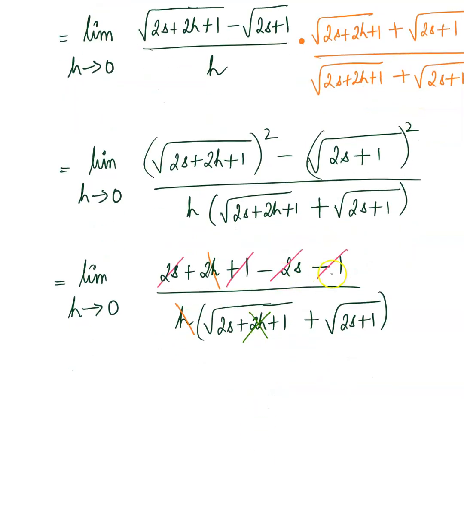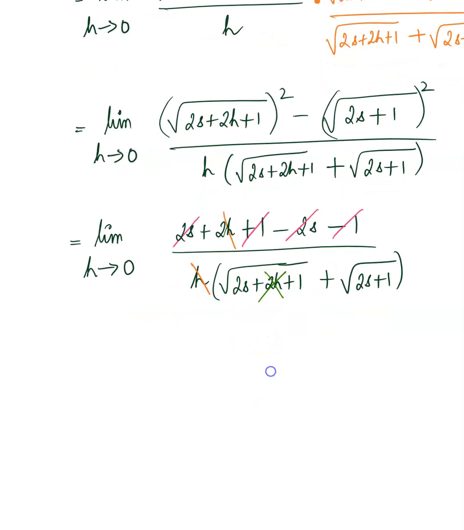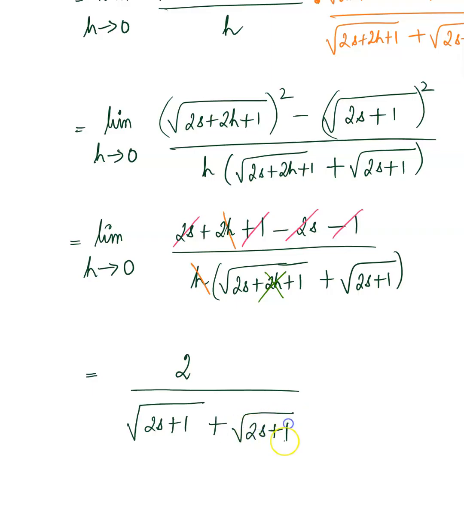So pink is the first step, yellow is the second step, and green is the third step where I plug in h as 0. So after you've plugged in, you cannot still have the limit, right? So all you have now left is 2 in the top, everything else is gone, over square root of 2s plus 1 plus square root of 2s plus 1 in the denominator.